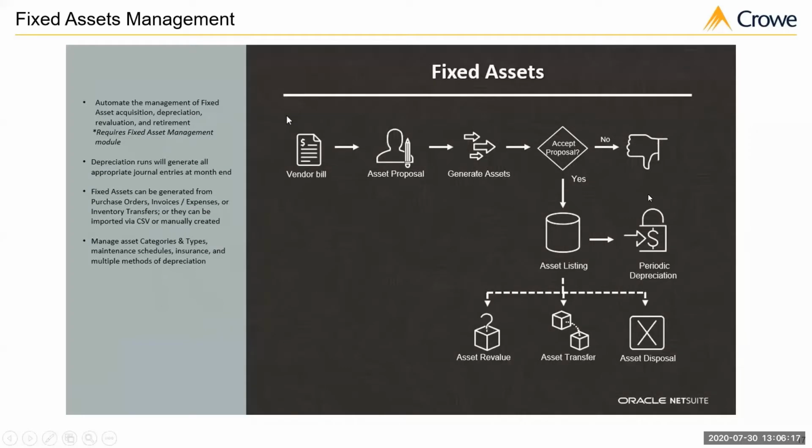And from there, you go through a periodic depreciation, or eventually a revaluation of the asset, a transfer of the asset between departments, locations, or even subsidiaries of the company, and an asset disposal or write-off. So this is the main flow of the application, and this is what we'll go through.